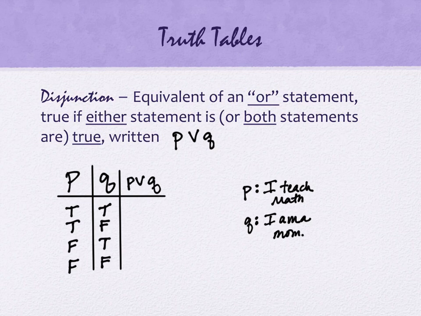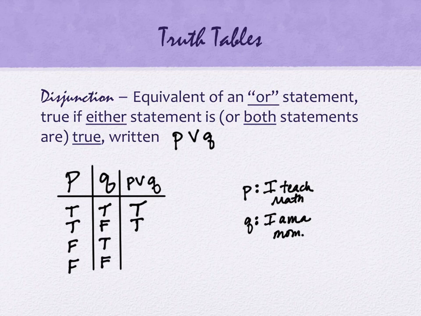It just makes it sound a little bit funny with our grammar. Okay? So this is a true statement, even with the or between them. Our next one that came in would have been Dr. Tucker. Dr. Tucker comes in and she says, I teach math or I'm a mom. And you're like, okay, well, I know she teaches math. Yeah, that one works. So it's a true statement because one piece of it's true.